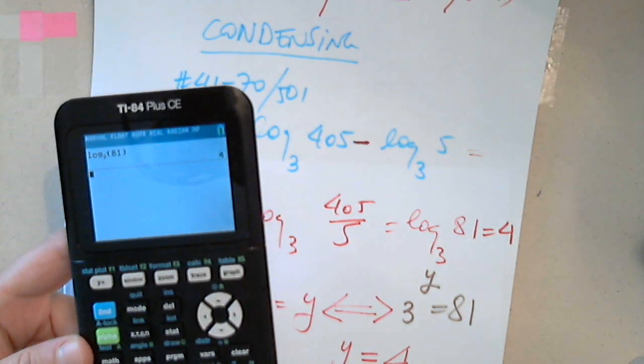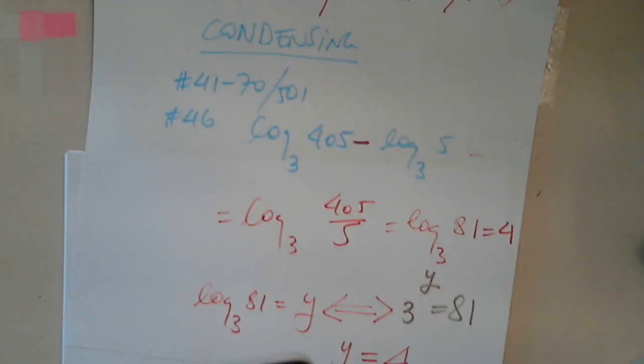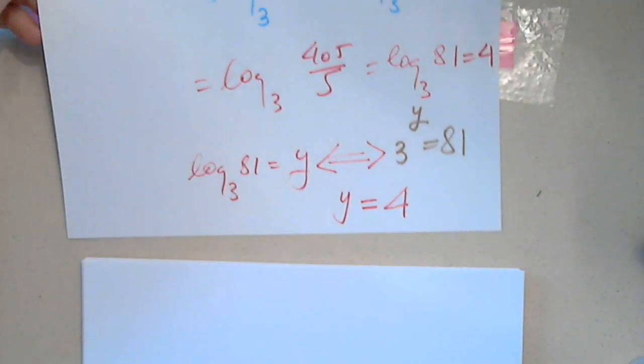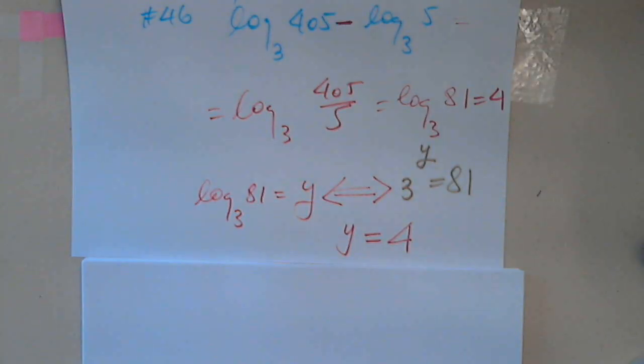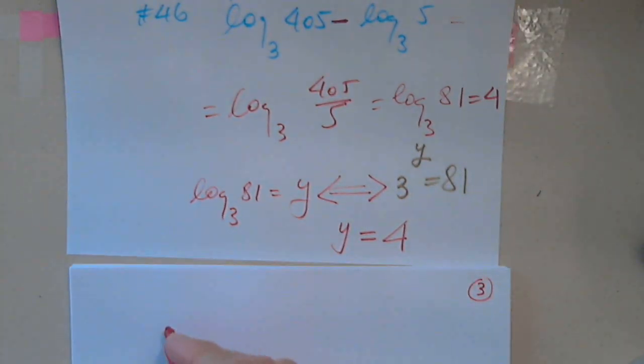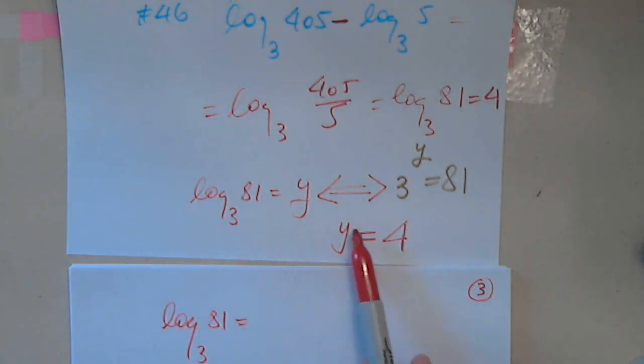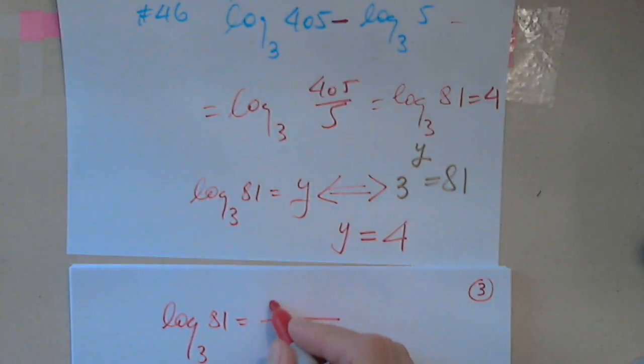Now if you don't have this calculator, it's okay. You can still use the change of base formula. There's nothing wrong. So if I don't know how to evaluate this algebraically using this, the most important relationship in this chapter, then I can write the change of base formula. Let's say we want to use natural log.